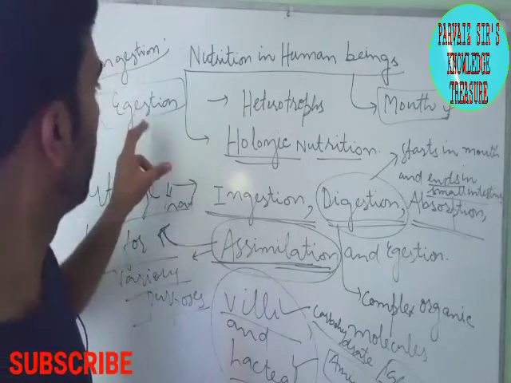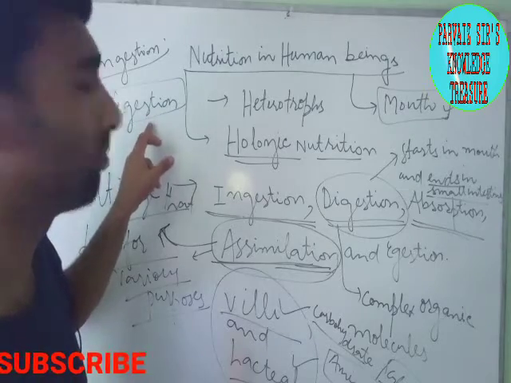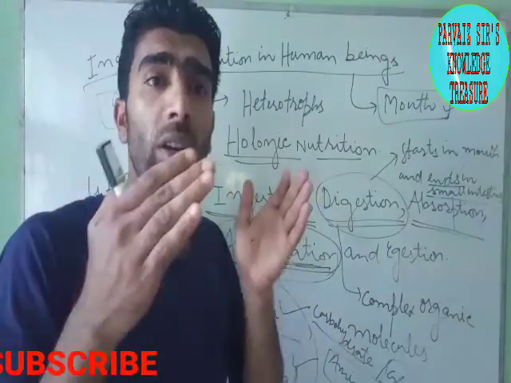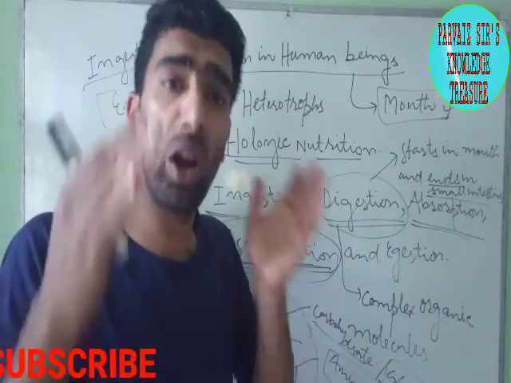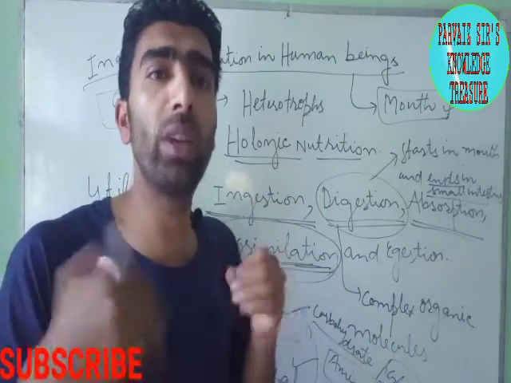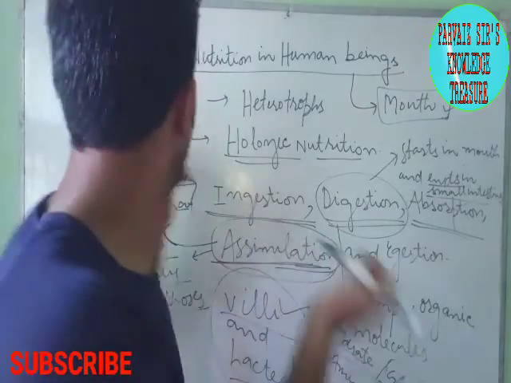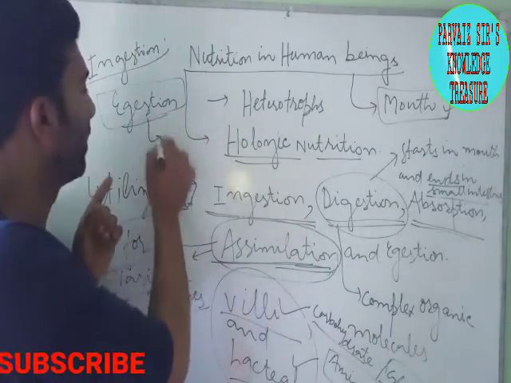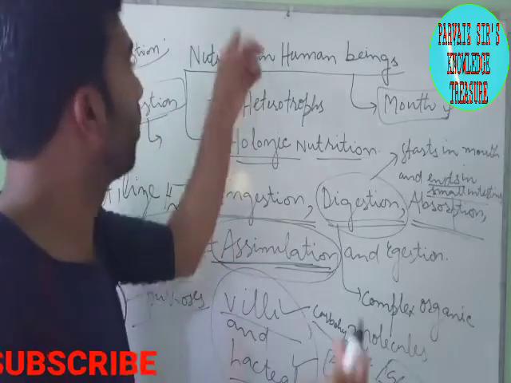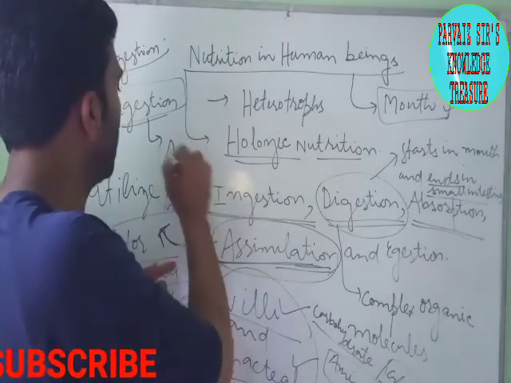This time I would like to discuss ejection in a brief way. The food which is not digested and needs to be removed from the body is removed by a process called ejection. The undigested food in case of human beings is thrown out of the anus.